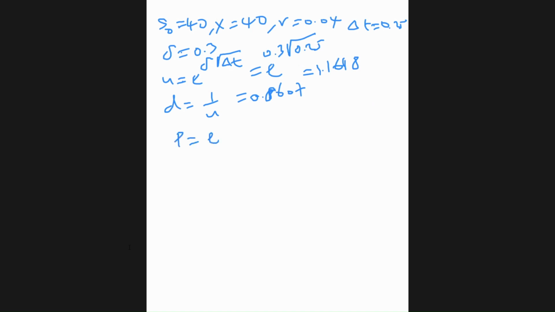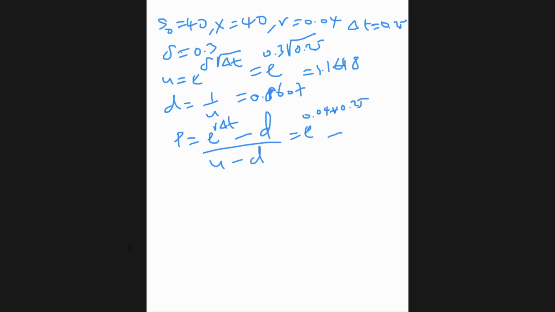P, we said it's exponential of negative delta t, in this case, minus d over U minus d. So this one is exponential of 0 times 0.4 times 0.25, minus d.